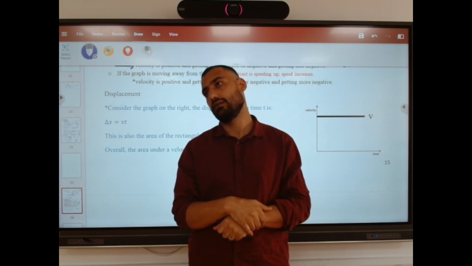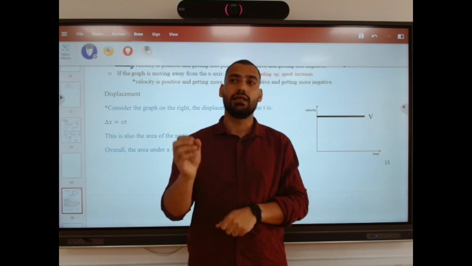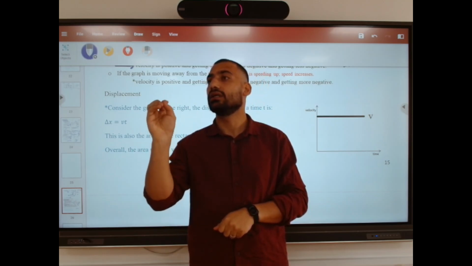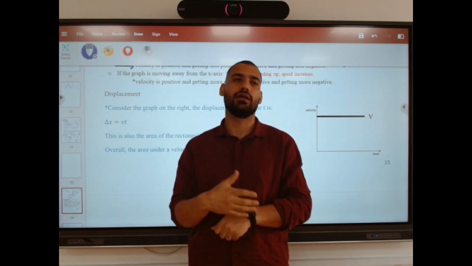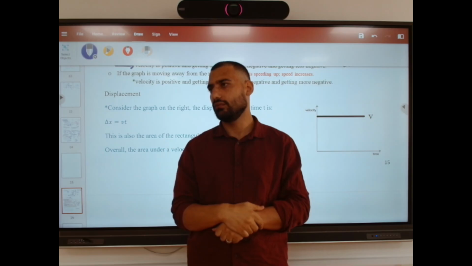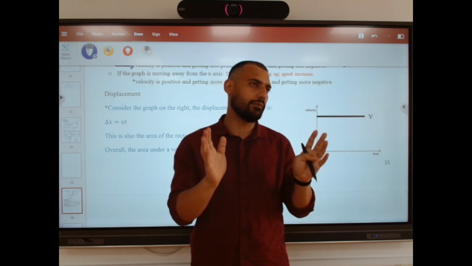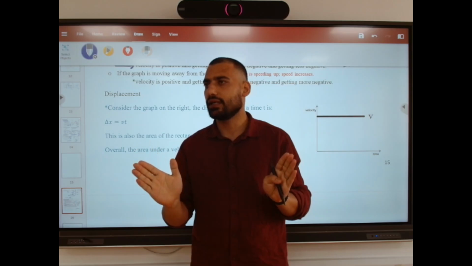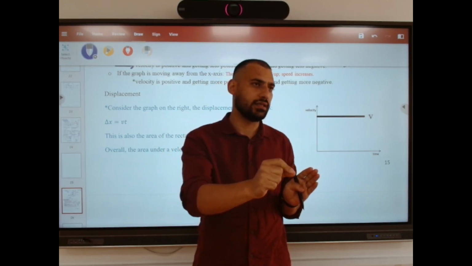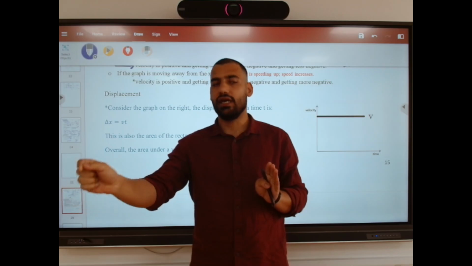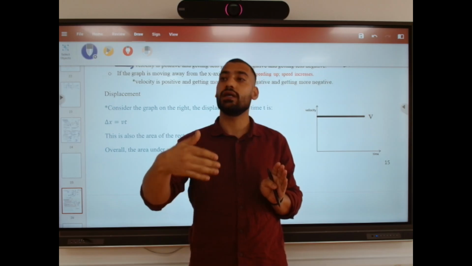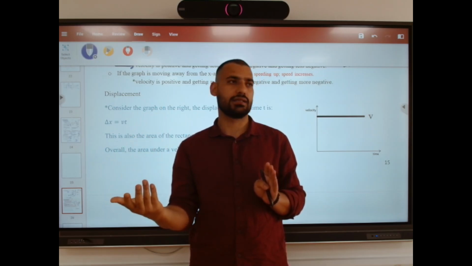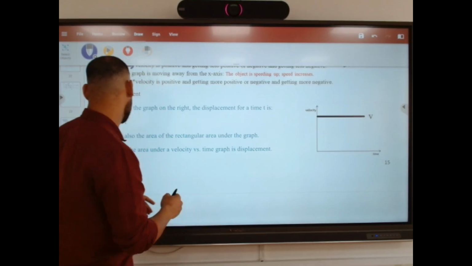Then remember, if you take the area it will give you the displacement or the distance, depending on whether it is 1D or 2D. Okay? So for example, you have a velocity time graph. If you are asked to find acceleration, find the slope. If you are asked to find the distance or displacement, find its area. Is that fine? So remember this thing.